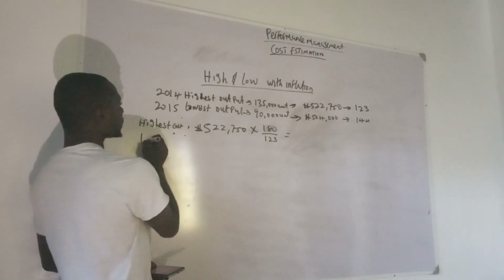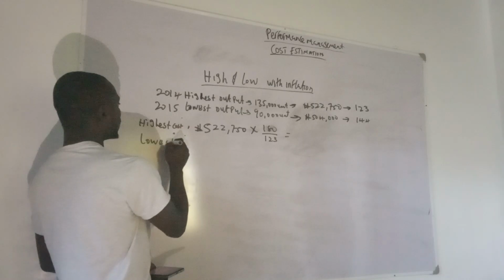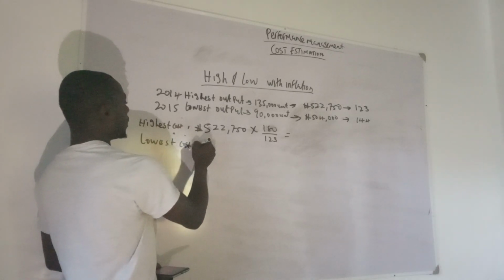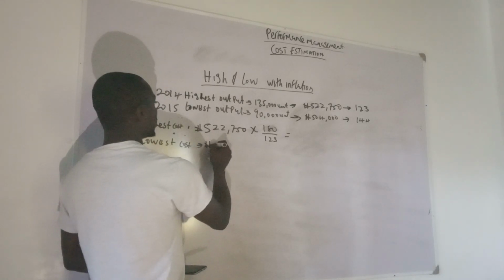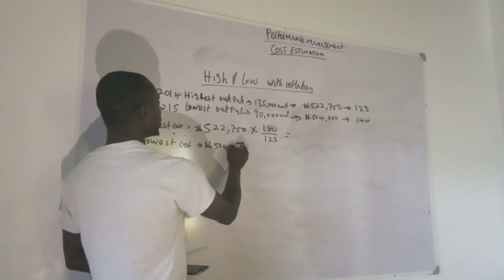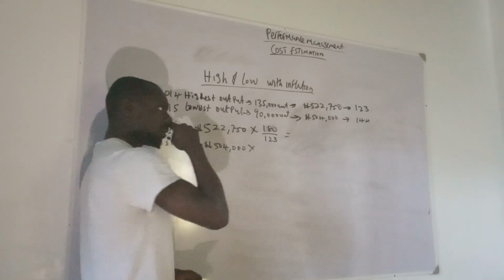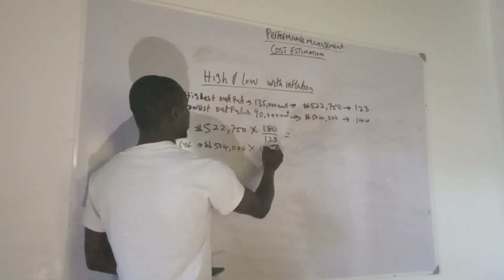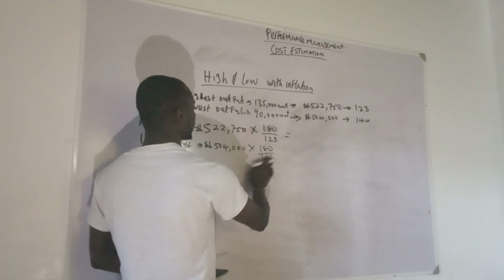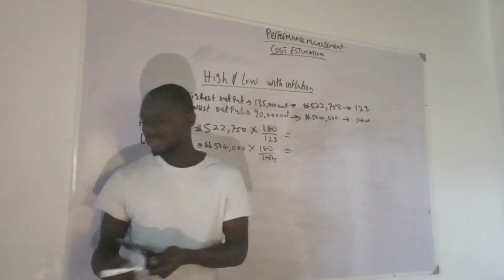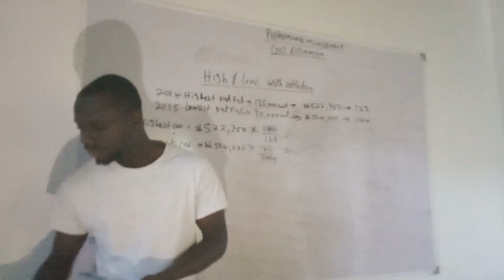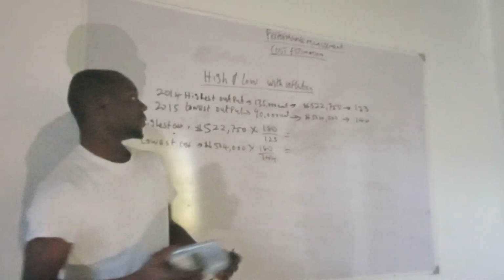Now the lowest cost from our output is 50,400 times 180 divided by 144.